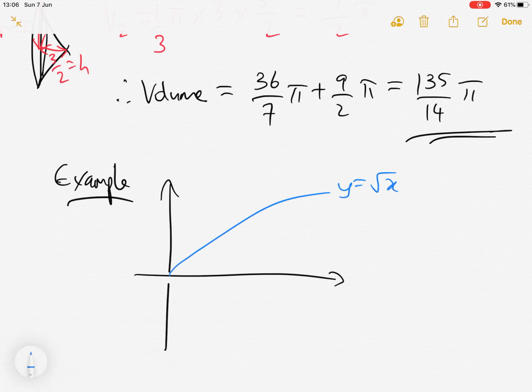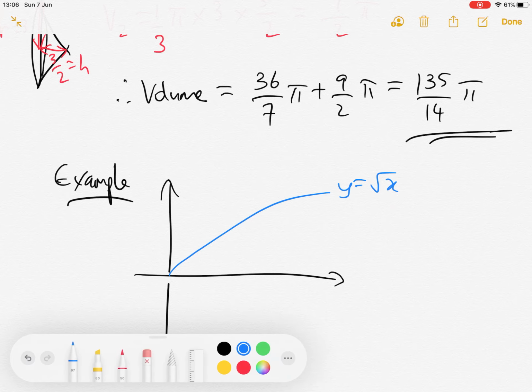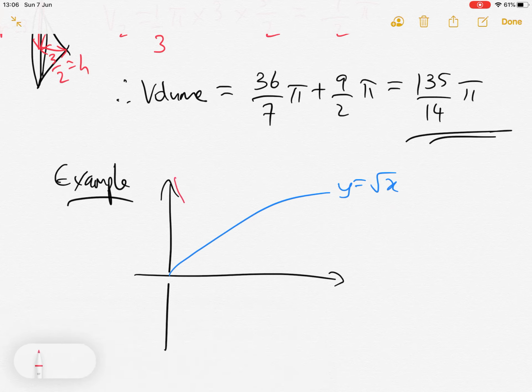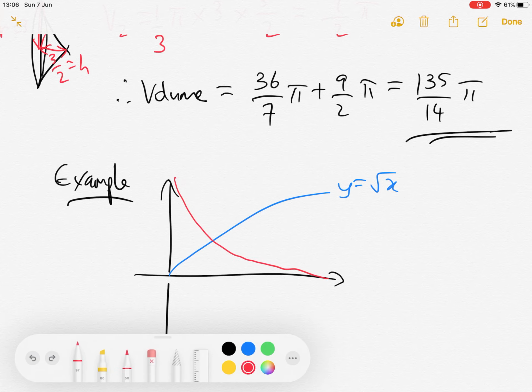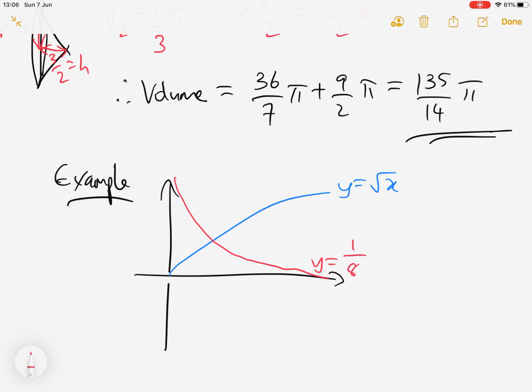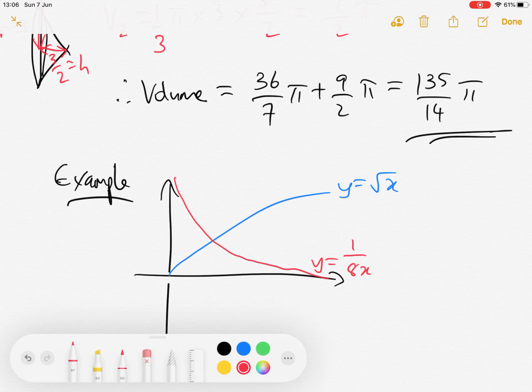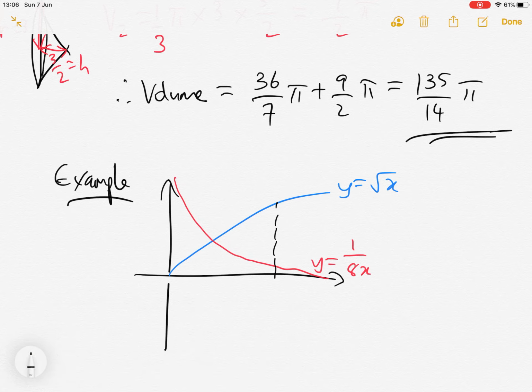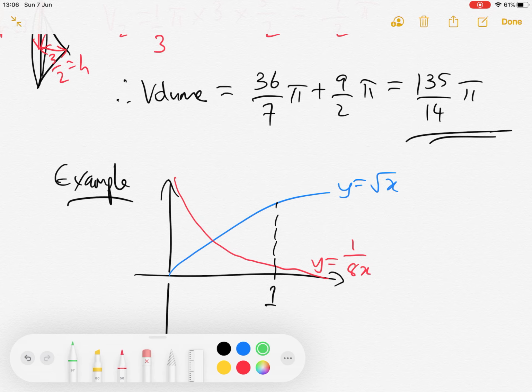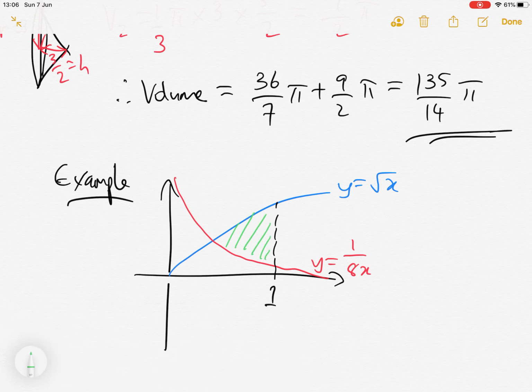This is y equals root x, and then in red we'll have this curve here. It shouldn't touch the x-axis there, but it's approaching it. It's y equals 1/8x. And then we have a line here at 1, and then this green region here is the region to be rotated.